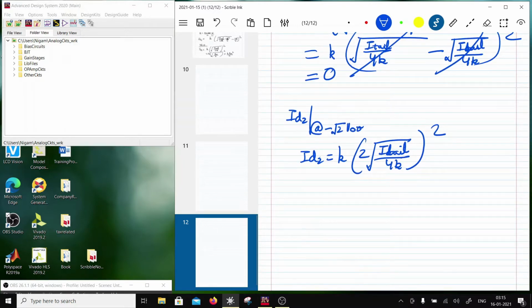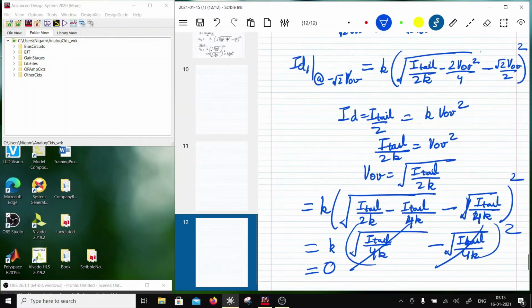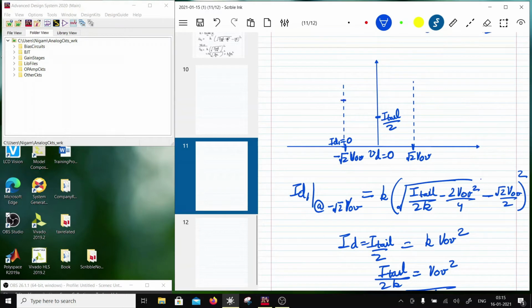So in that case this 4 will come out and this 2 will cancel. It will become root of I tail by k square, so that will be equal to I tail. So at this point id2 is equal to I tail, right? And the same thing will reverse here. Here id1 will become I tail and id2 will become 0.